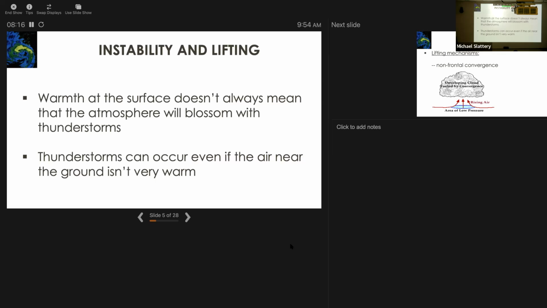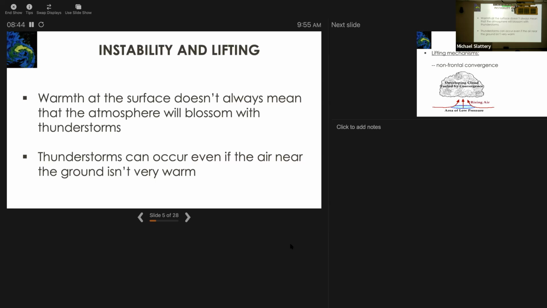And the dew points may be 75 degrees Fahrenheit, with lots of moisture coming in from the Gulf of Mexico, outside temperatures may be 95, and you may just see a whole bunch of puffy popcorn-like clouds in the sky. Why don't you get thunderstorms developing? Because there's something keeping a lid on the atmosphere, and that atmosphere cannot get to its level of free convection. So warmth at the surface doesn't always mean the atmosphere will develop thunderstorms.